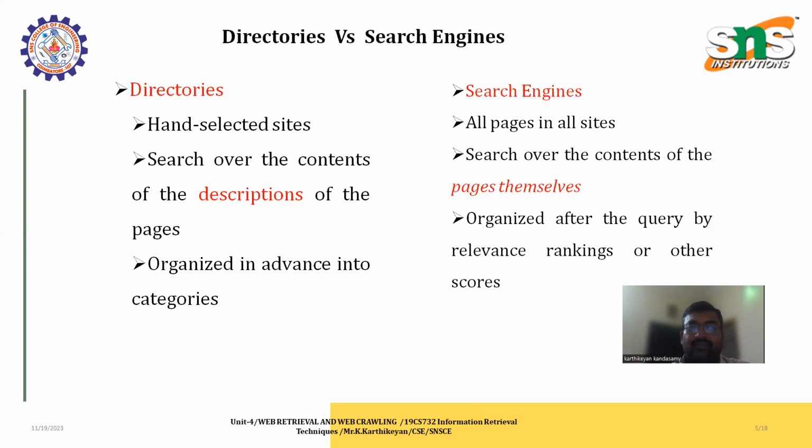Nowadays, a directory is organized into categories. But a search engine indexes all pages, searches over the content of the pages themselves, and organizes results after a query by relevance, ranking, or other scores. In 20 years back there was no search engine, so at that time we had to type the address, for example google.com. If a huge number of pages were available on a website, we wanted a particular site, and only the selected ID was shown in front of you.